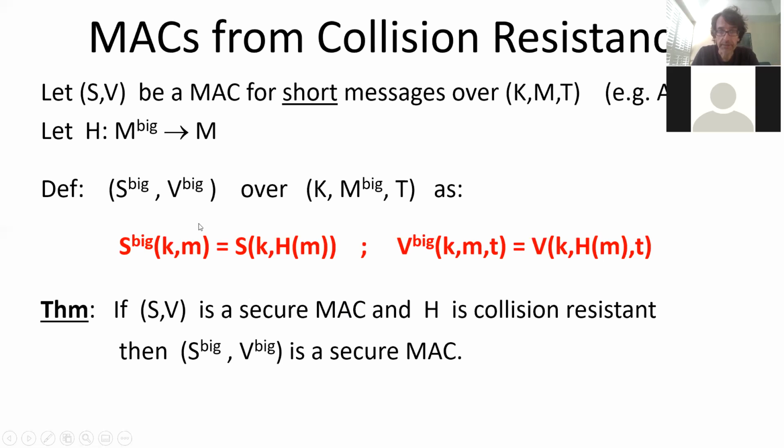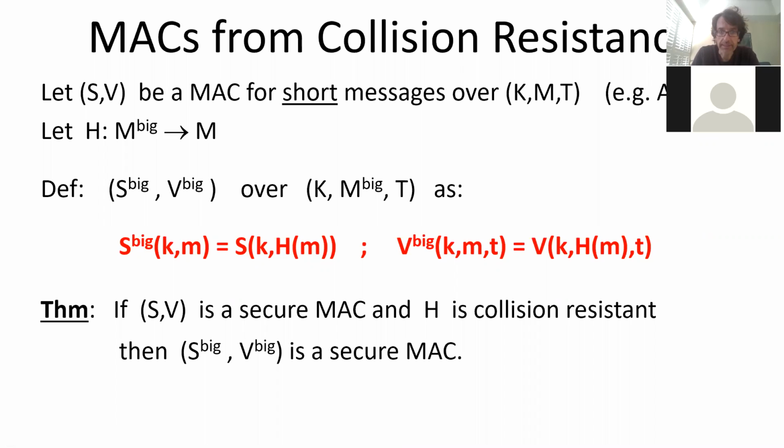Well, in that case, you must have already broken the security of the small MAC, because you were given MACs on some hashes and you created a valid MAC on a new hash, which is not equal to previous hashes. Okay, so you broke security of this small MAC.